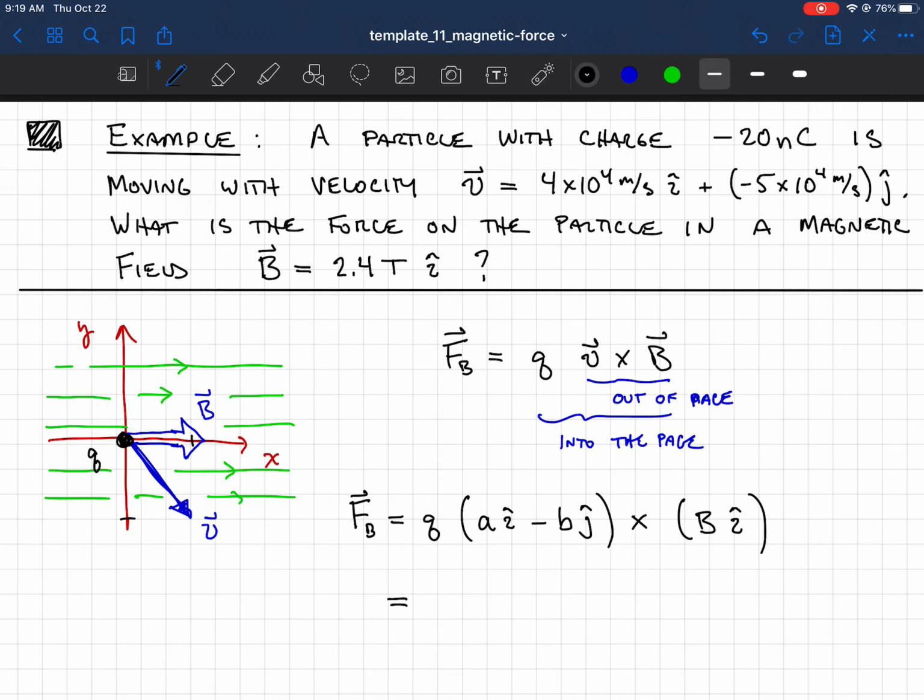And so what do I get? Well, you just distribute the cross product here. So we get q times, and then we have a B, capital B, i hat cross i hat. Maybe I should do this with square brackets and parentheses. And then you get minus b B, and we have j hat cross i hat.